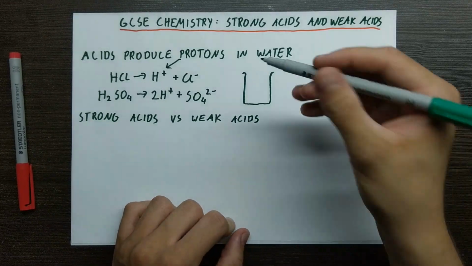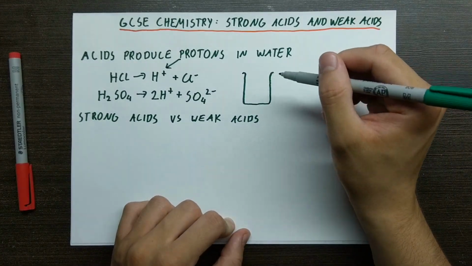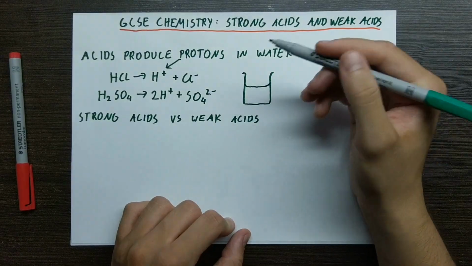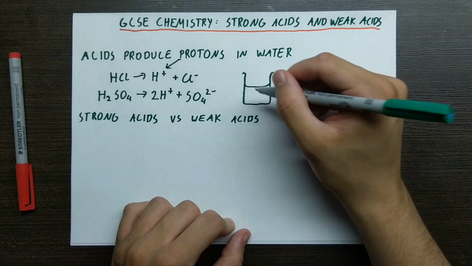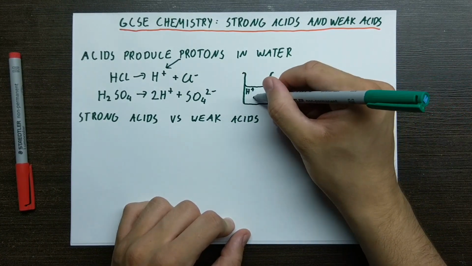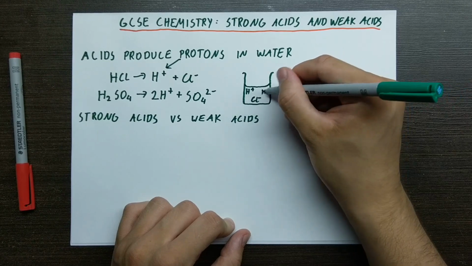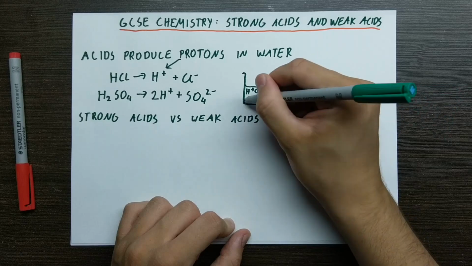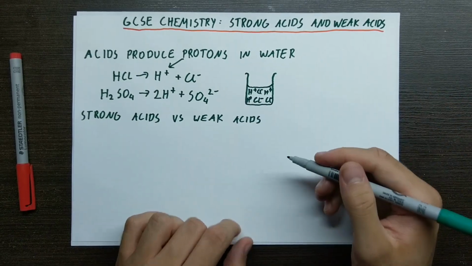For example, if we had a cup with water and we put in HCl, then we would have H+ ions swimming around, we would have Cl- ions, H+, like so. They would just be swimming around in that cup.